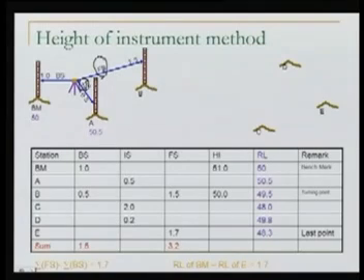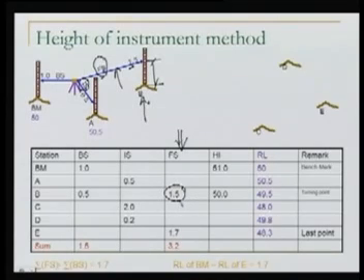Still the line of sight here is horizontal, and the reading on the staff is 1.5 meters. At B I am taking a foresight. Please mind that this is the column for foresight. So we are taking 1.5, which is the foresight at B.